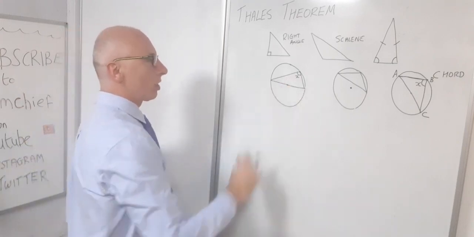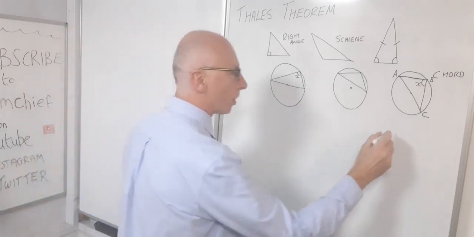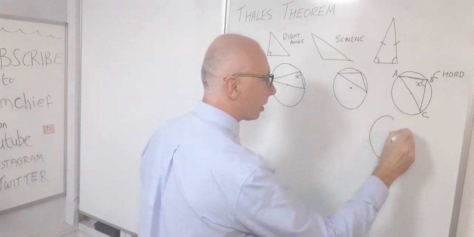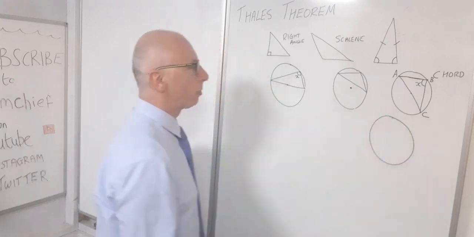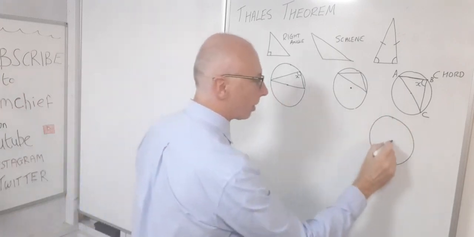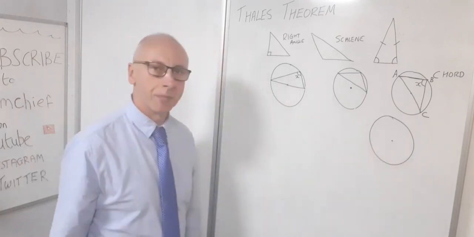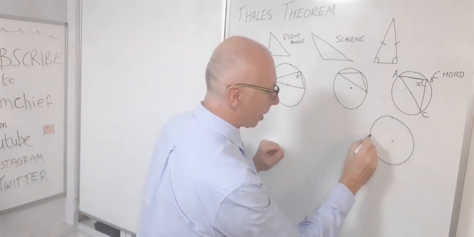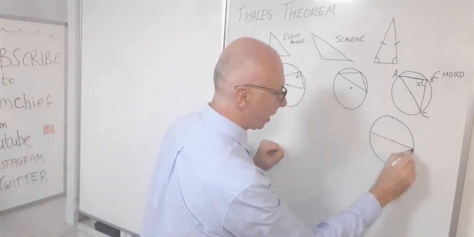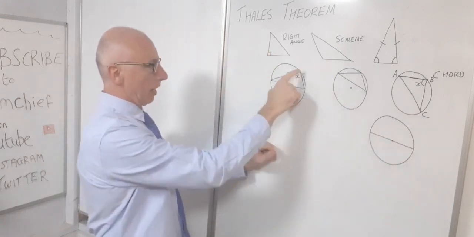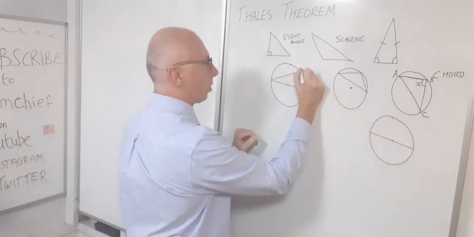So if I just draw this circle again, let's draw it over here. Let's try and reproduce that. So we've got our centre point, draw our diameter, which is slightly leaning, and our angle here, which we will just call angle T.